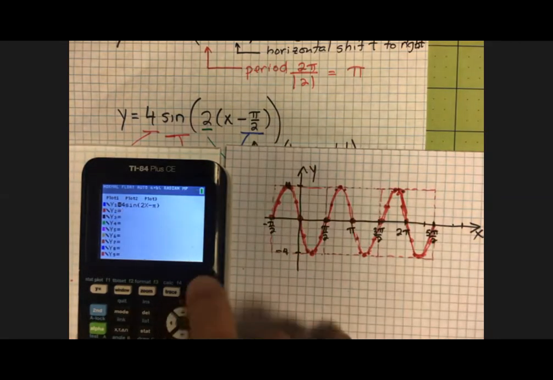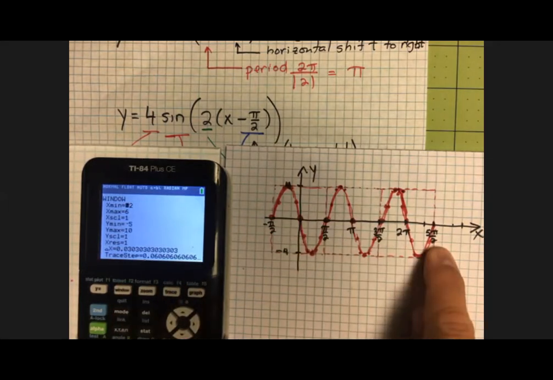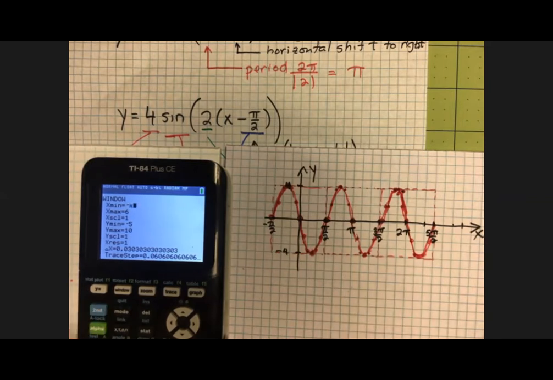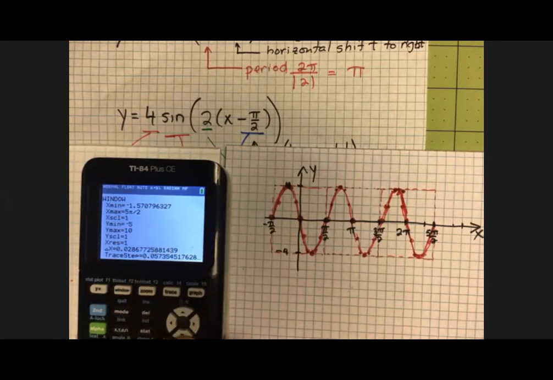I don't need that 3. Let's do my window. What's my window? Minus pi over 2 to 5 pi over 2. Just type in minus pi divided by 2 to 5 times pi divided by 2. The calculator figures out what number that is.